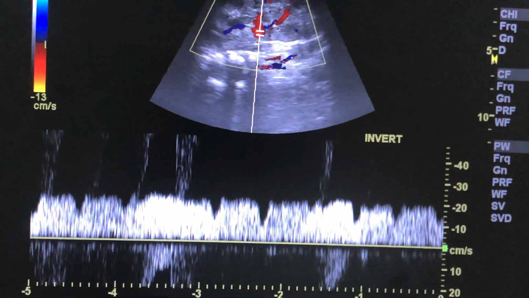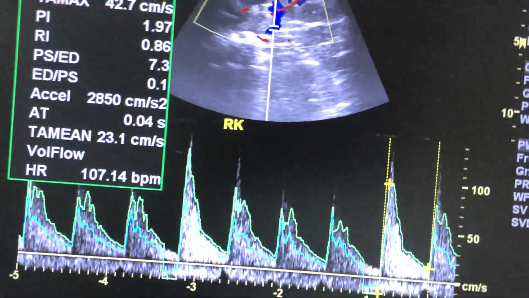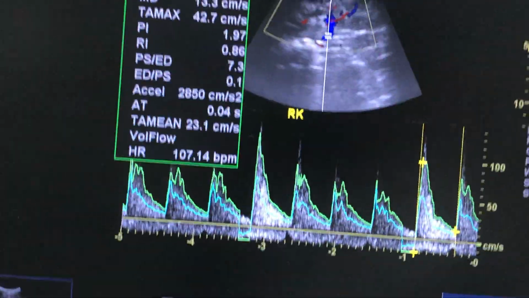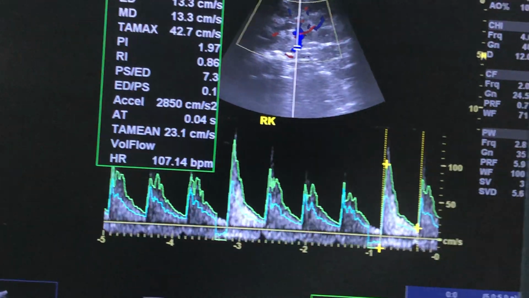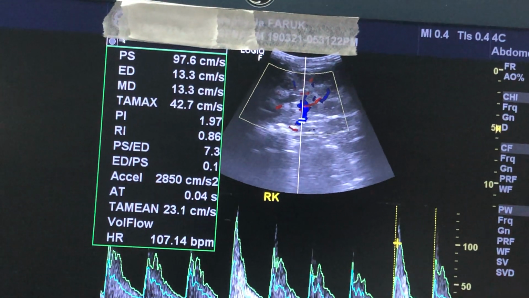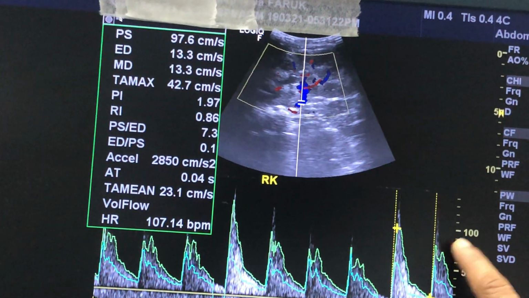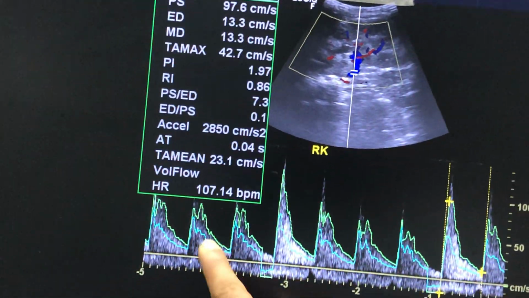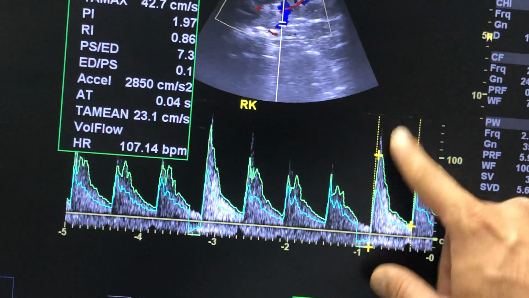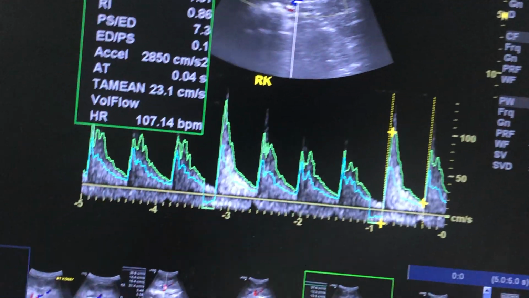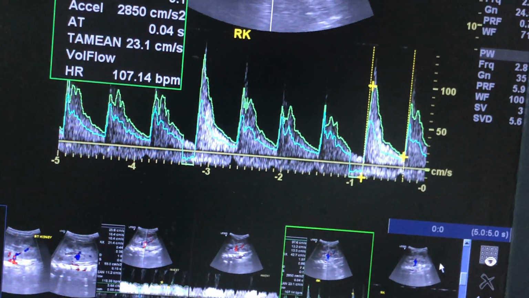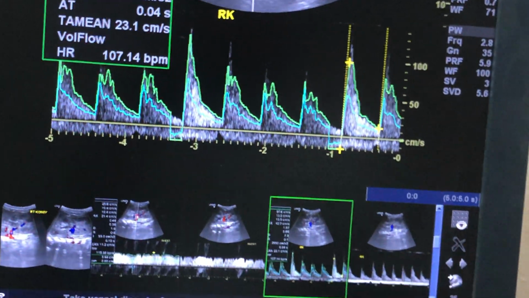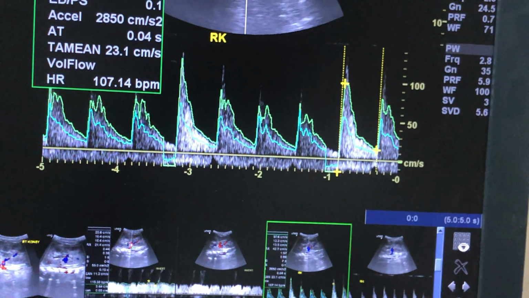These are the waveforms, and sometimes the main renal artery entering the hilum showed a very high peak velocity, maybe due to technical error or what, we don't know, but subjectively this peak is very high as compared to the previous waves.